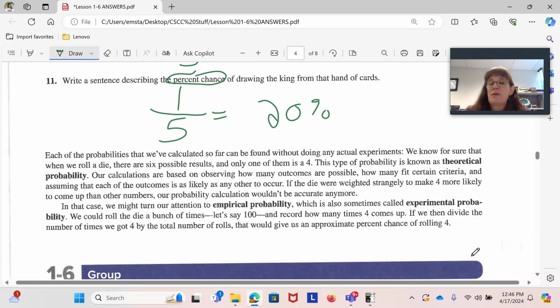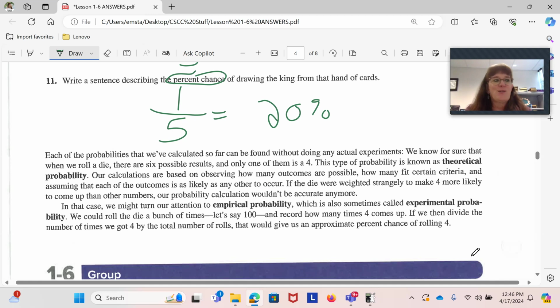It's also called experimental probability, and that's the way I learned it, as experimental probability. And I like that word a little bit better because it tells us we're actually going to do the trial. We're going to roll the die 100 times and see how many times 4 comes up and then figure out that percent. So that's what we actually got when we did the experiment. So empirical probability is we do it and we see what happens.